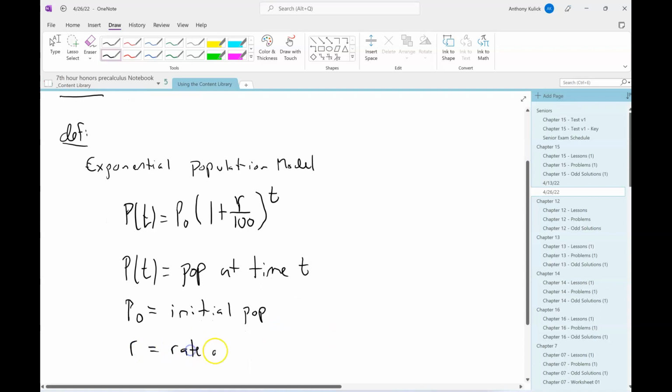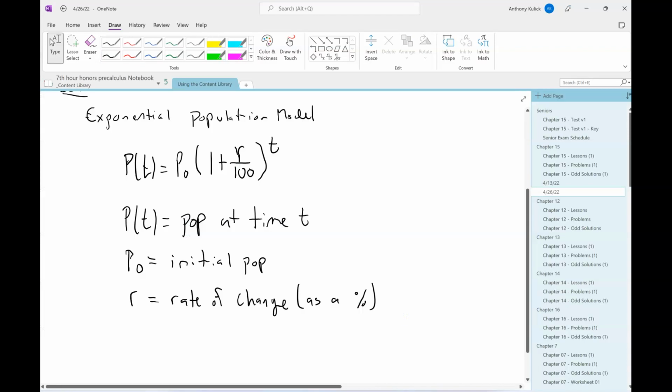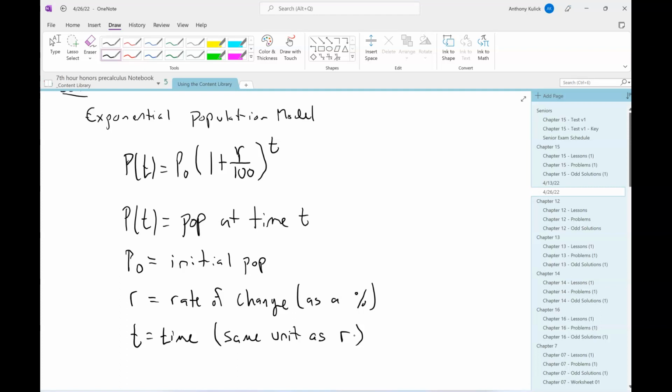R is the rate of change as a percentage. And then t is our time, really in the same unit as the rate of change. Whatever that time unit is, you need to express time consistently.